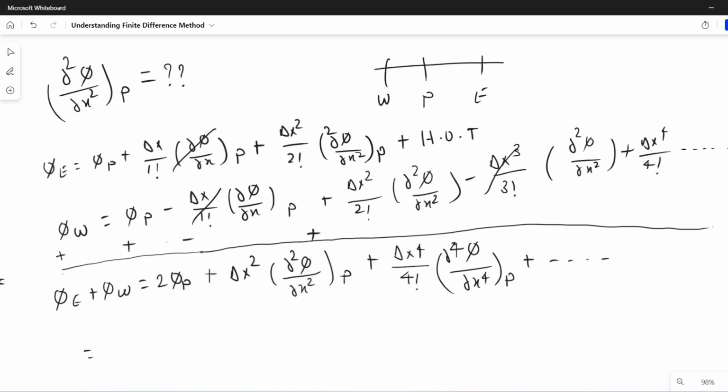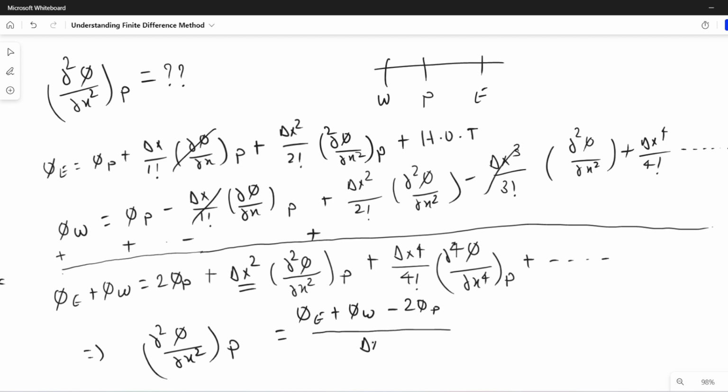Now we divide by Δx², so we get ∂²φ/∂x² at point P equal to φE plus φW. This 2φP will go to this side, so it will become minus 2φP, divided by Δx². Now the order of accuracy will be Δx², because I am dividing by Δx². This is Δx to the power 4, so when it is divided by Δx² it becomes Δx². So the order of accuracy will be equal to 2.